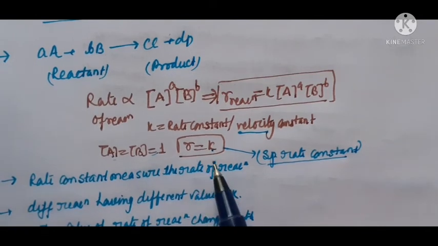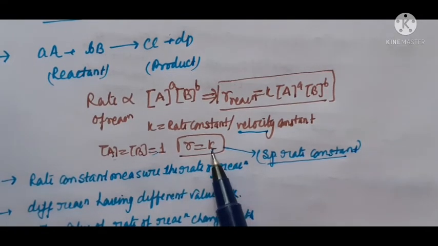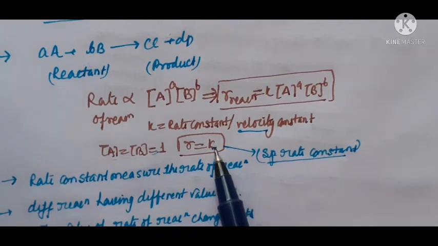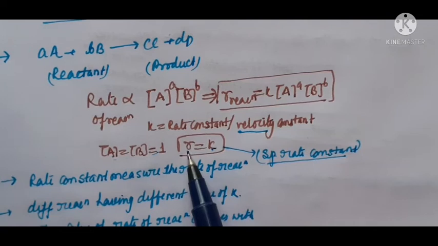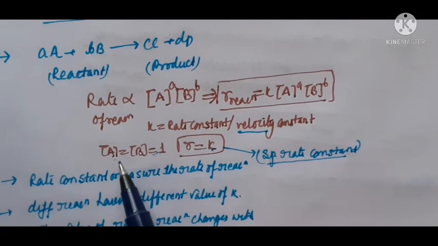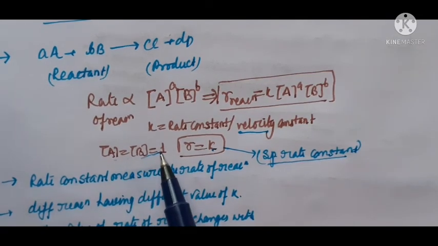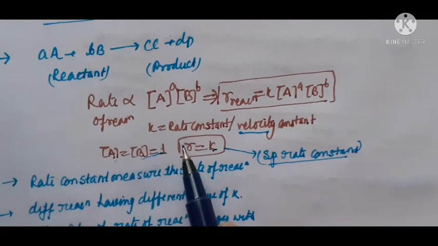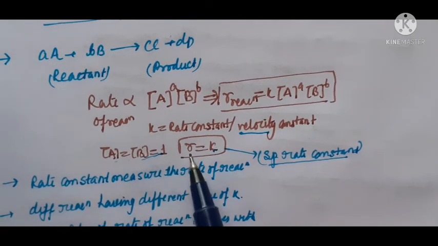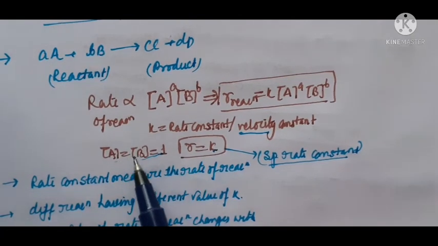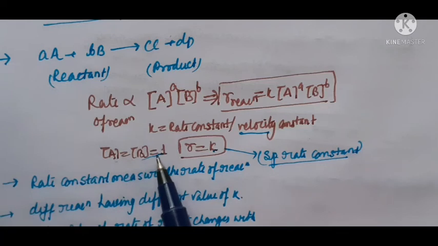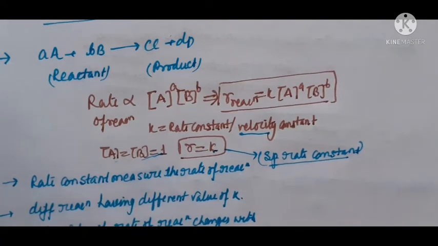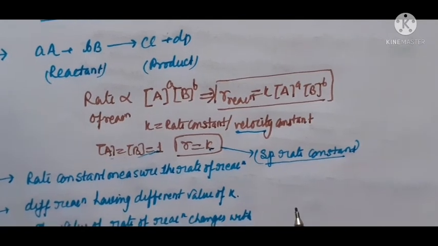Once more I would like to explain it. From this expression we can say that the specific rate constant is defined as the rate of reaction when the concentration of the reactants becomes unity, because we get this term only when we consider the concentration of the reactants as unity. So this is the story about the rate law expression.